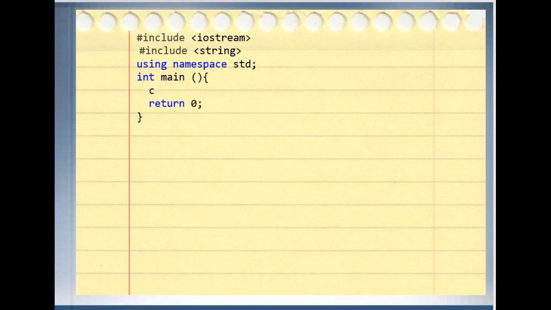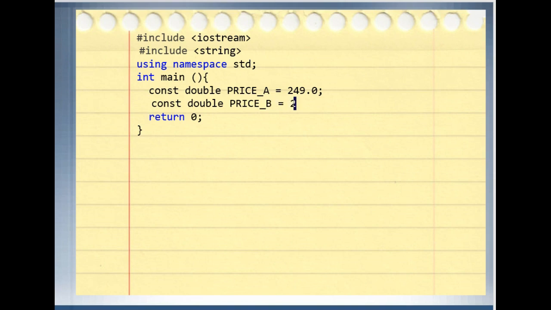In the main function, let's declare two constants. They'll both be doubles, and the constants will represent the prices of stereo system A and stereo system B. They'll just be priceA and priceB. Stereo system A costs $249. Stereo system B costs $299.